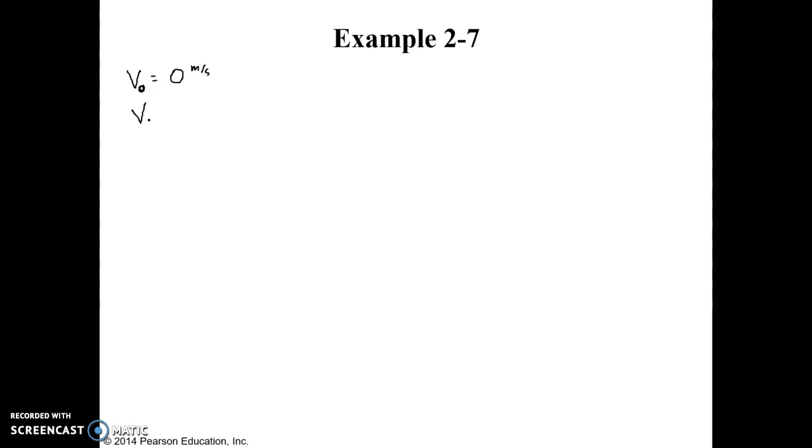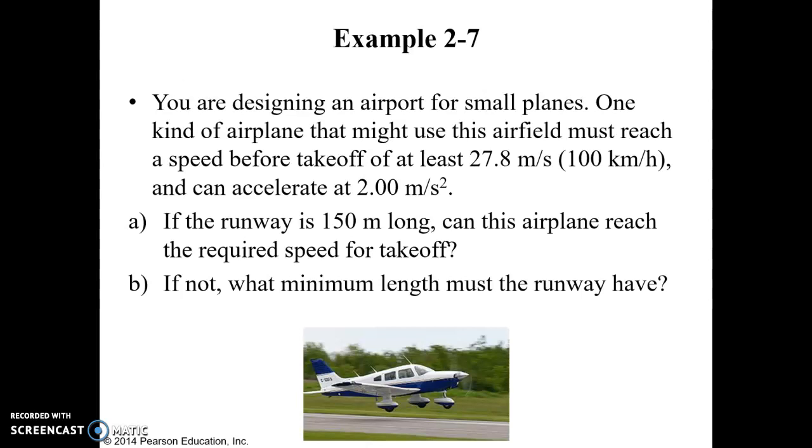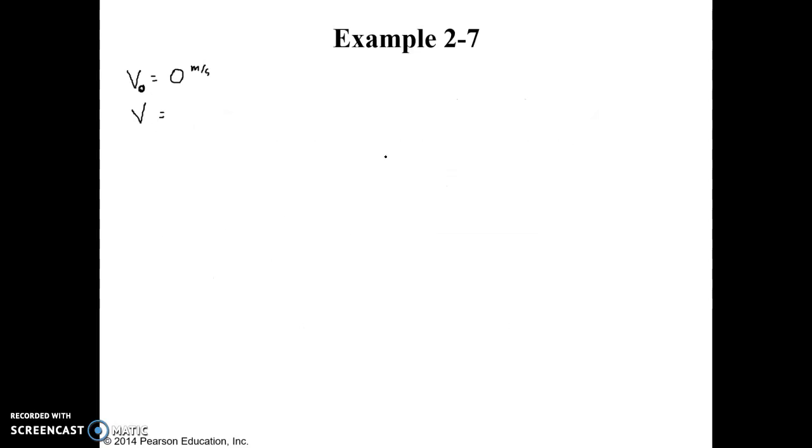We want it to have a final velocity of, what was it, 27.8. That's what it needs to be, but will it be? Will it be able to achieve that velocity given the other parameters?